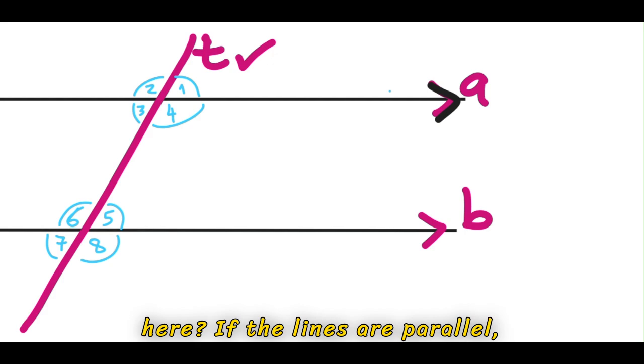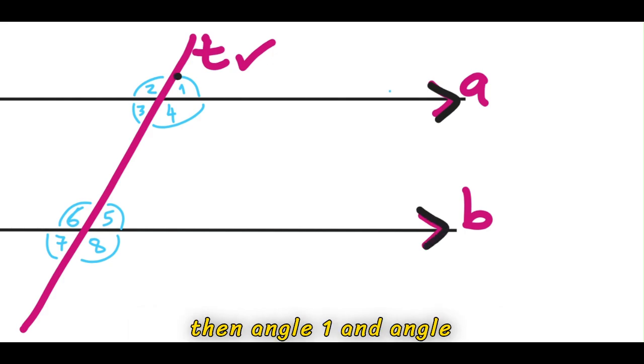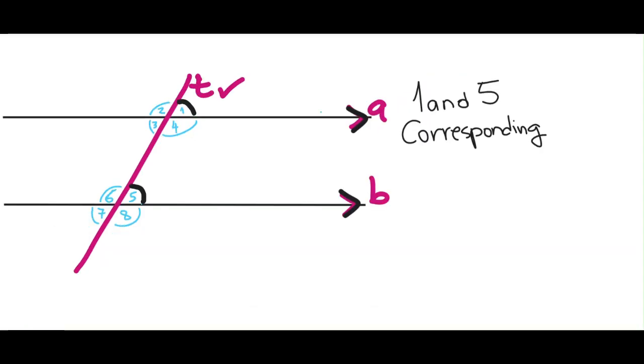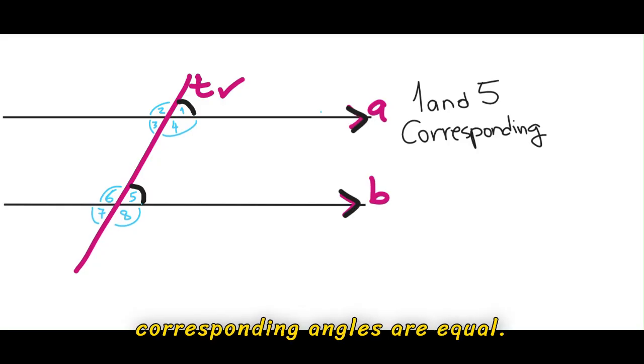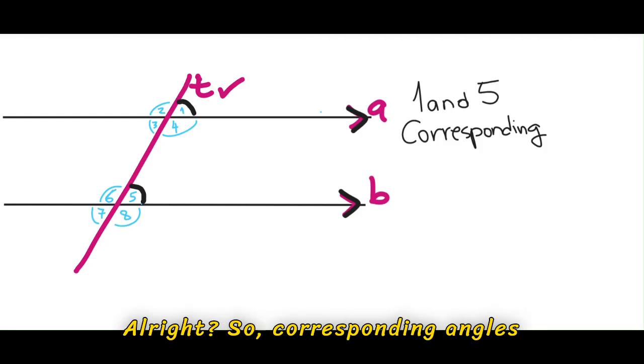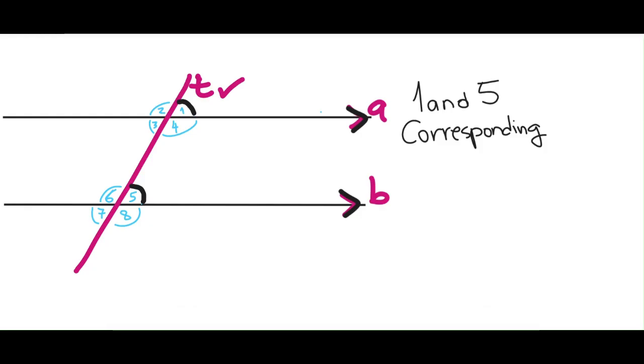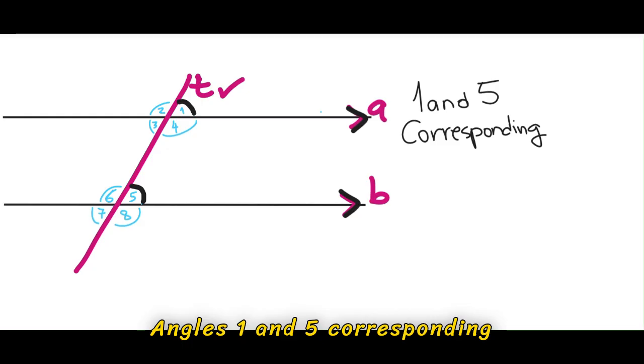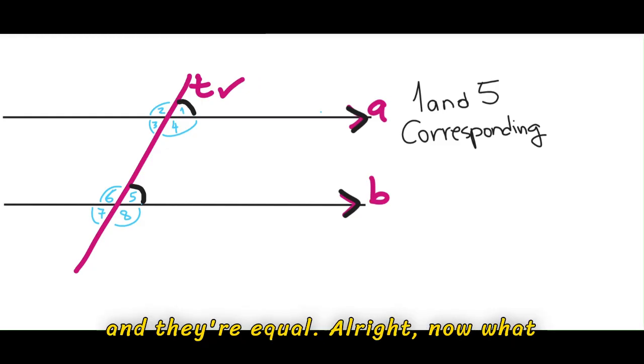If the lines are parallel, then angle 1 and angle 5 are equal, right? So, angles 1 and 5 are called corresponding angles, and corresponding angles are equal. Angles 1 and 5 are corresponding and they're equal.